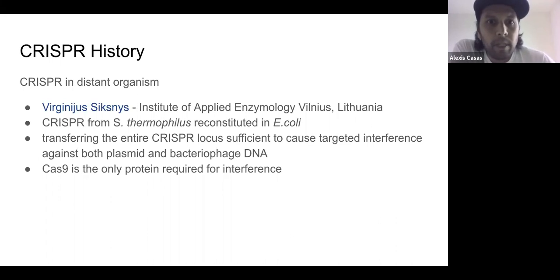And they also proved that the Cas9 protein is the only protein required for interference. So you only need the Cas9 protein to have the CRISPR system working. I'm going to go to the next slide, please.